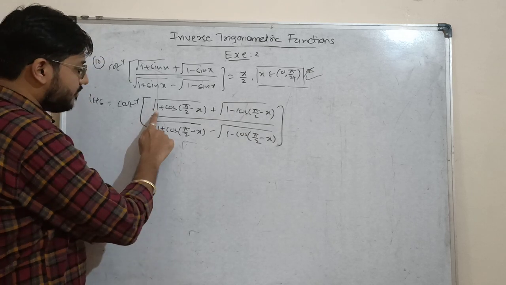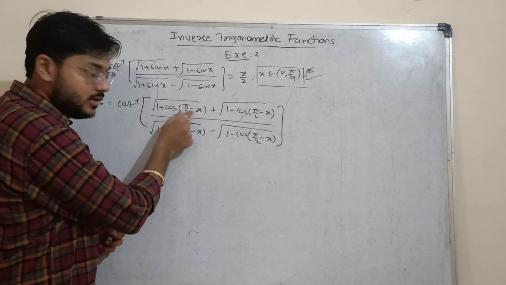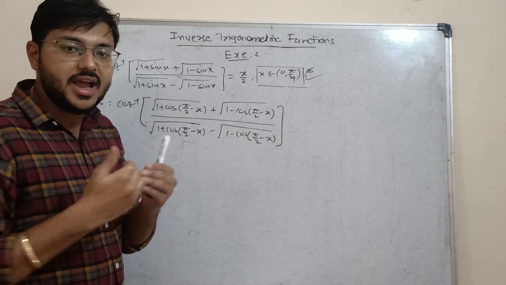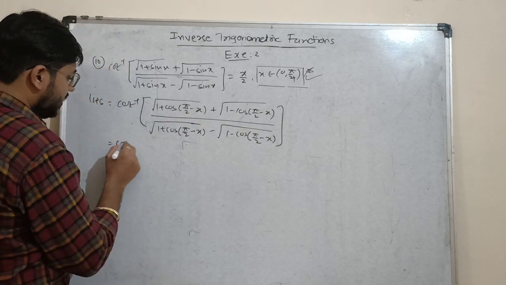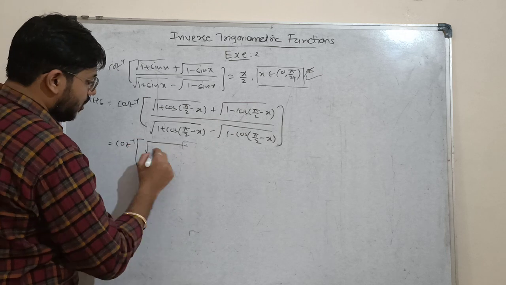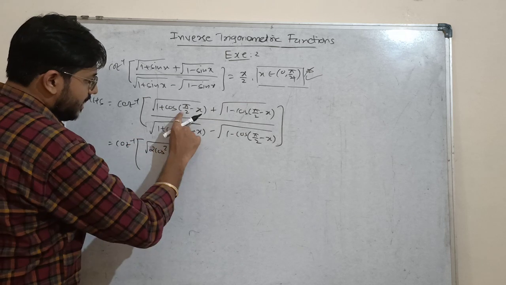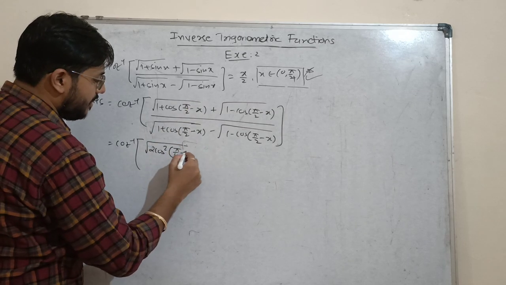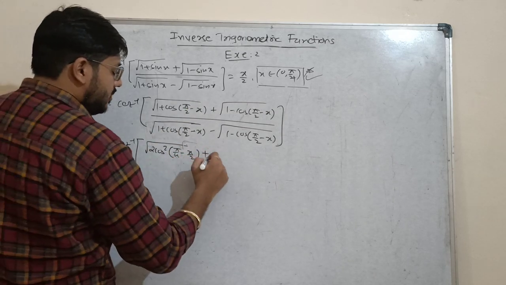Now we all know that 1 plus cos theta is 2 cos square theta by 2, right? So I can say it's root of 2 cos square. Now this pi by 2 minus x is our theta, so theta by 2 will be what? Pi by 4 minus x by 2.